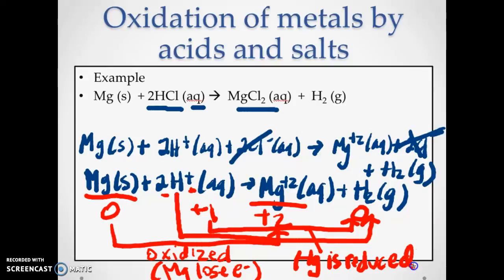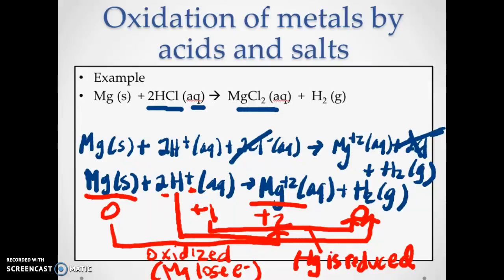Because the number goes down. So now we know what's oxidized, what's reduced. So Mg here is going to lose electrons to this guy, and then this guy is going to gain electrons to form this gas. Okay, so that's what it is.